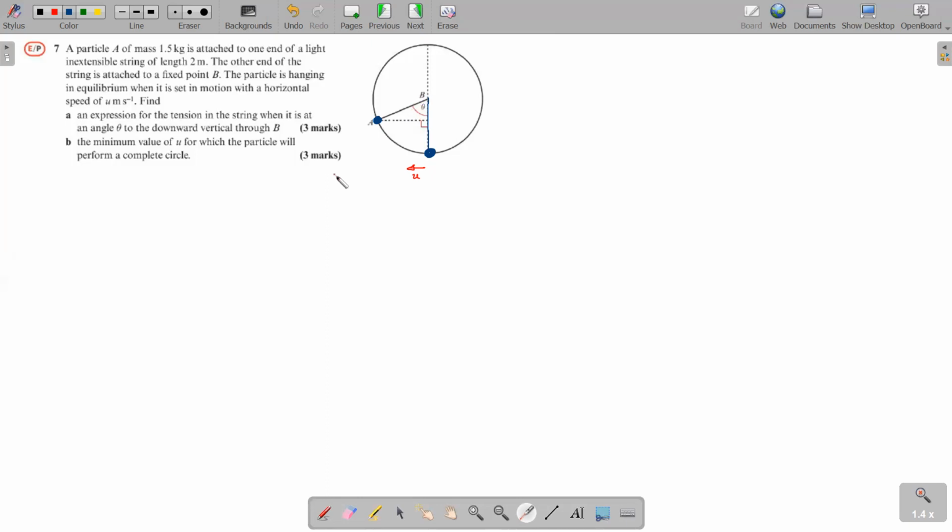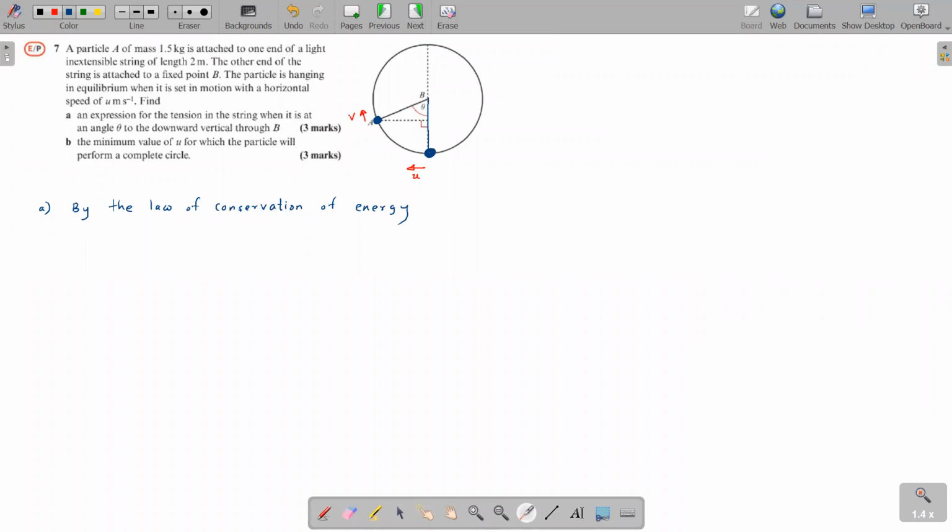The first thing we should do, to get the expression for the tension, is apply the law of conservation of energy. Let's say at point A, the velocity is V. So let's apply the law of conservation of energy. By the law of conservation of energy, what happens?